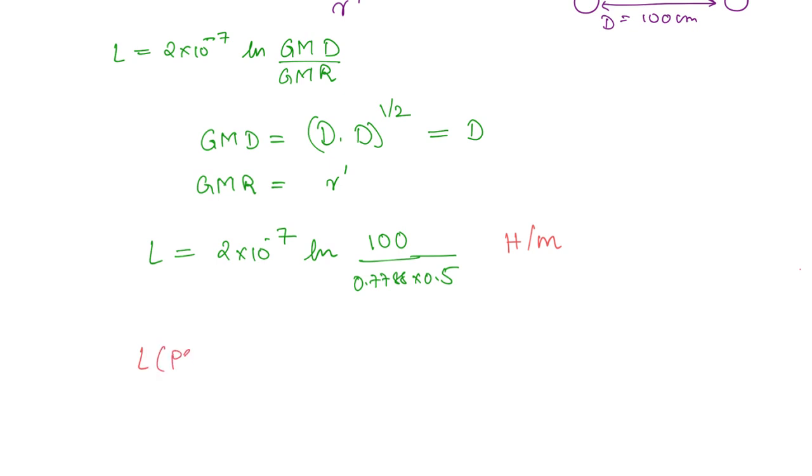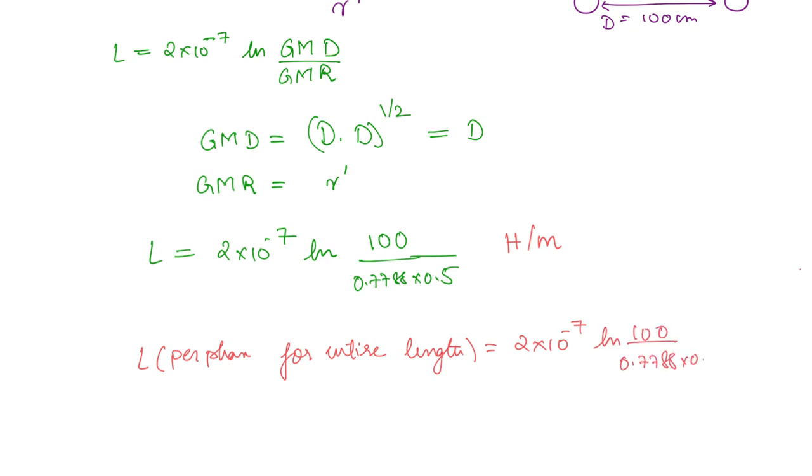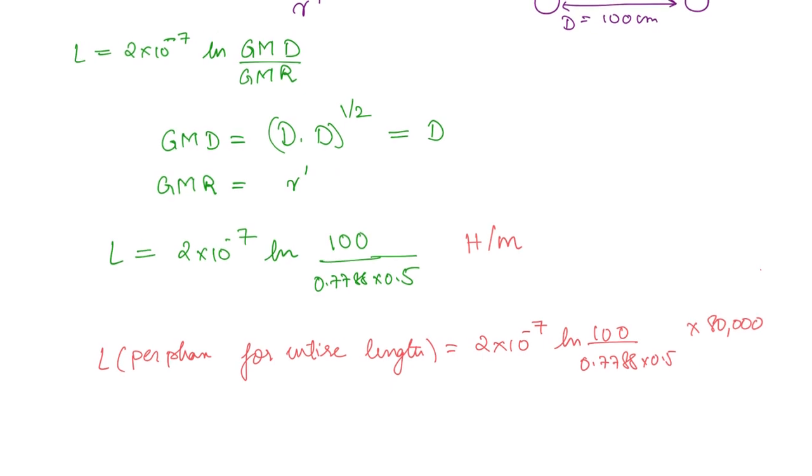So inductance per phase for entire length of the line is going to be 2 into 10 to the power minus 7 ln 100 by 0.7788 into 0.5 into 80,000, right? Because 80 kilometers we want in meters. So this is going to be in Henry finally, okay? This you are going to get 0.0887 Henry.